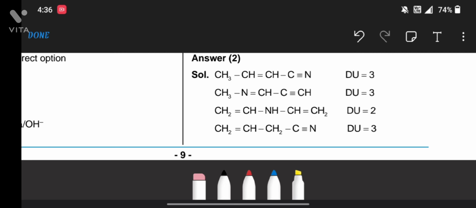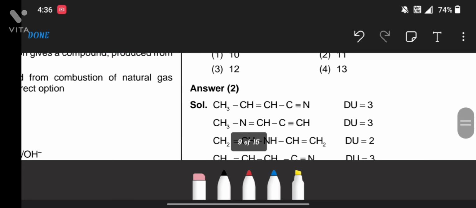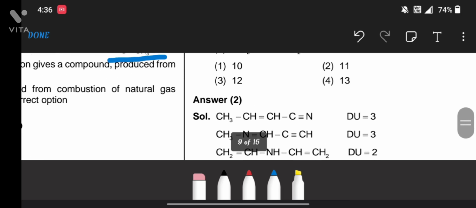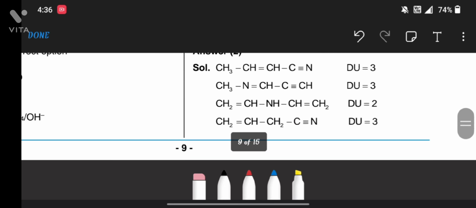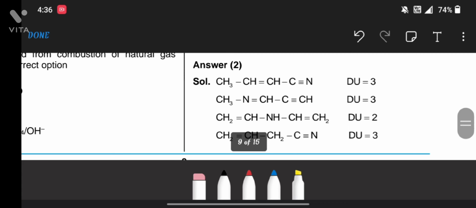Now if we come to the options, option A is 10, option B is 11. Therefore the correct answer is option B, that is 11. So I think you understand, we have to find the total number.